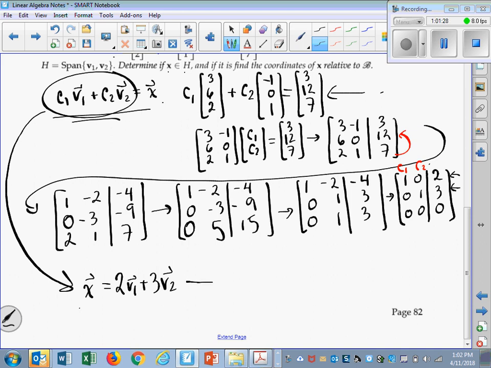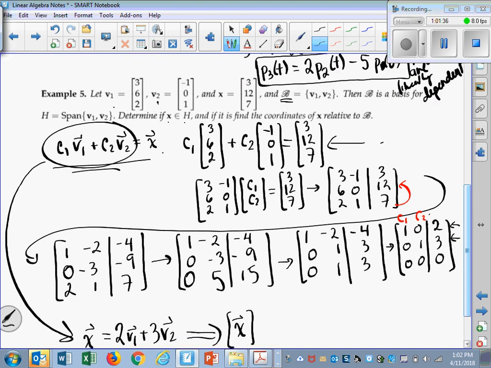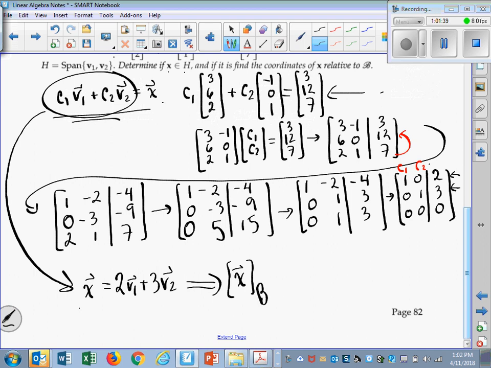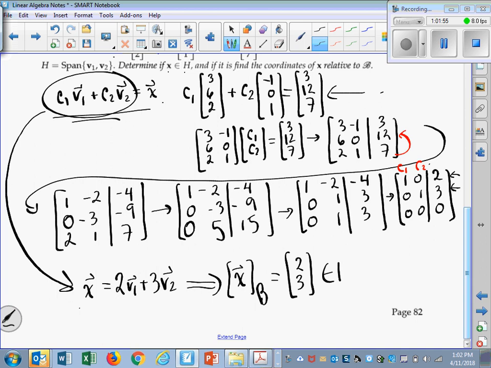Now there's something interesting here. Notice that x is from what space? Let's look. x is from R3. But now notice the B coordinates of x. It's in R2. So we've lost a dimension there. We've compressed the information somehow. Well, what happened? How did that happen exactly? Well, notice that x is in a space H, and the space H is spanned by 2 unique things, v1 and v2.